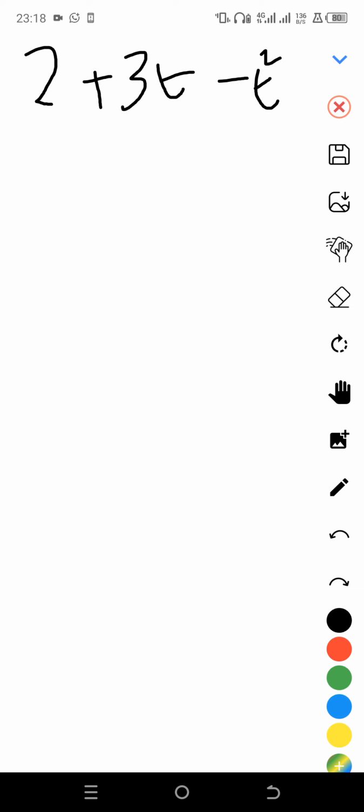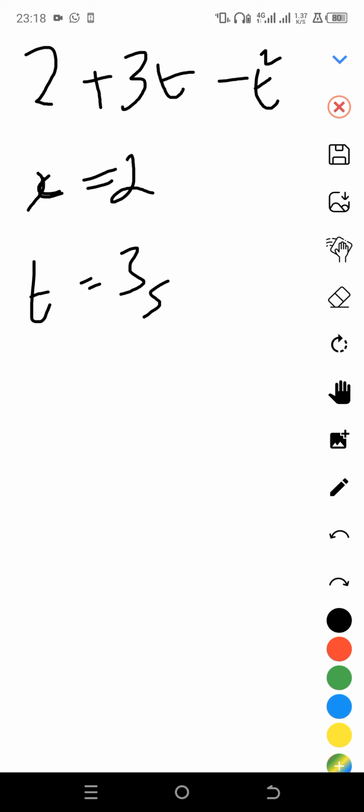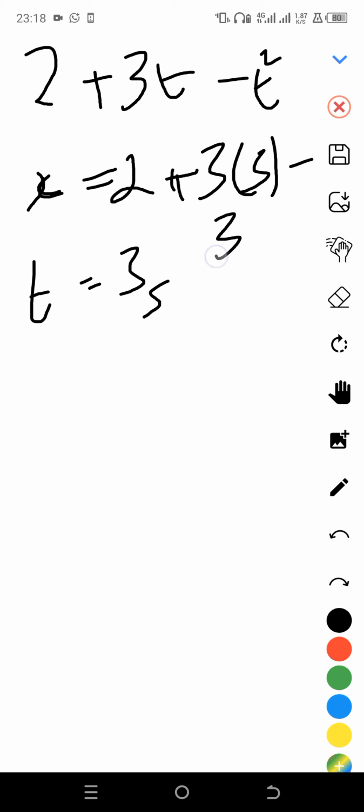What we need to know here is that this is x, so x will be equal to 2 plus 3 times 3, where t is 3 seconds, minus 3 squared.